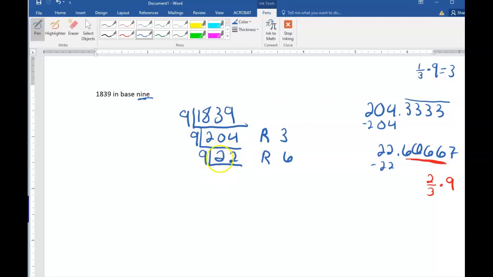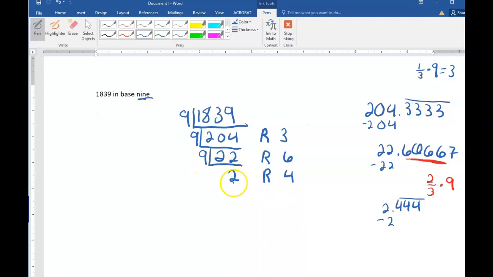I will continue because 9 can go into 22, and I'm going to get 2.444 repeating. So I'm going to put my 2 down here. I'll subtract the 2 and multiply by the 9, and I get a remainder of 4.